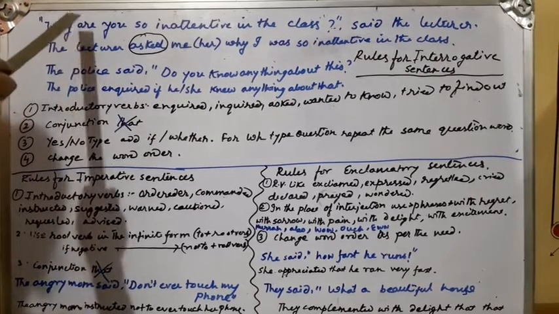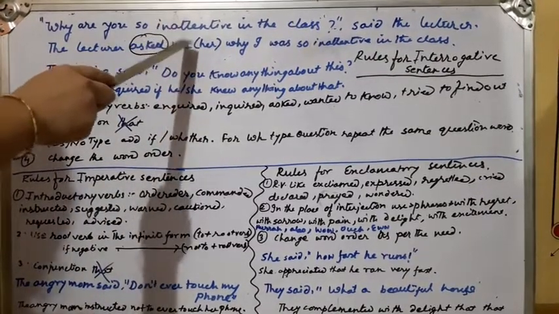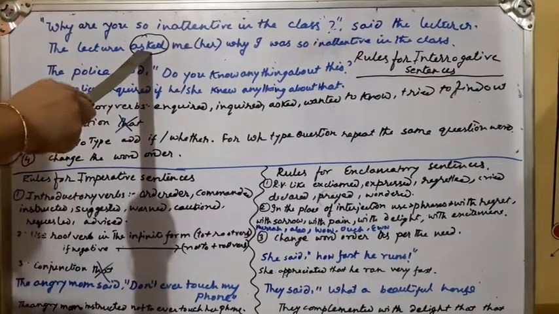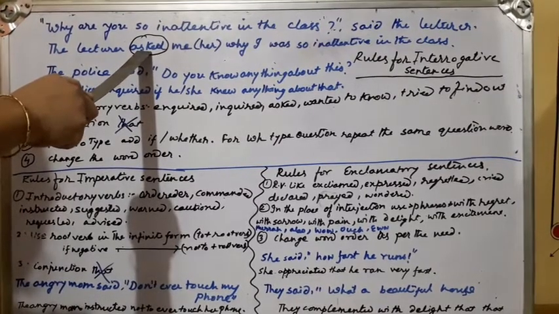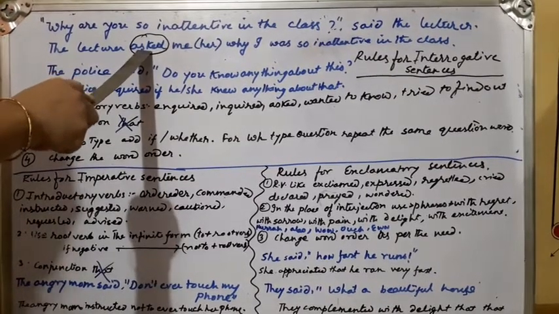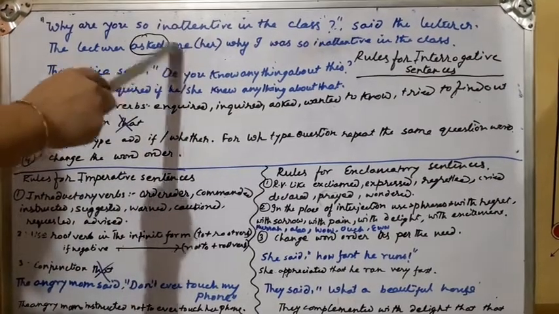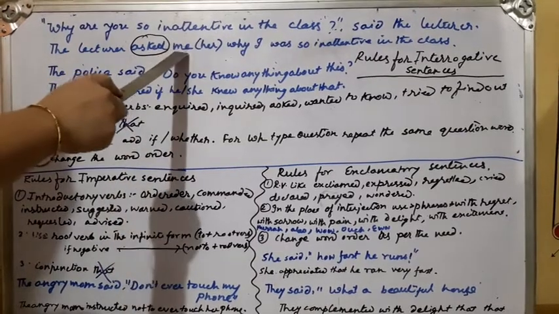Okay. Now, how will we change it from direct to indirect speech? The lecturer asked. You will have to notice carefully that I have chosen the reporting verb as asked, right? The lecturer asked me. So this pronoun you has changed to me.